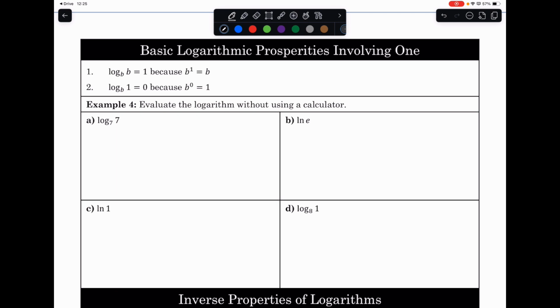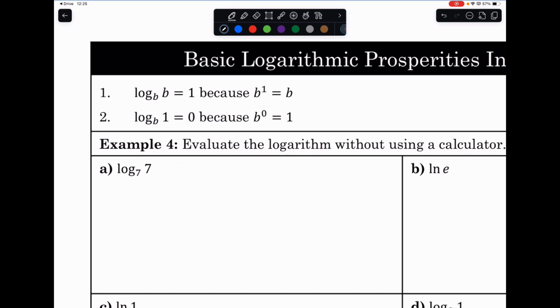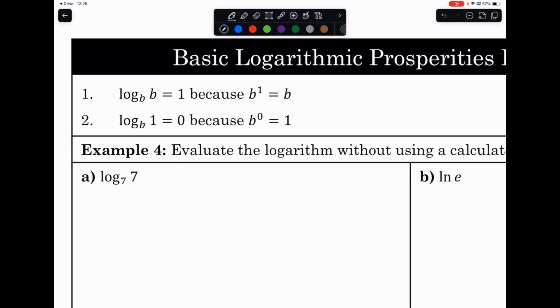Now let's use the previous example to evaluate and use basic log properties that involve the number 1. The first property is that if we have the log base b of b, in other words, where the base matches the value, the answer is always going to equal 1, because the only way to get this base raised to a power to equal that exact same number is if that exponent is 1.